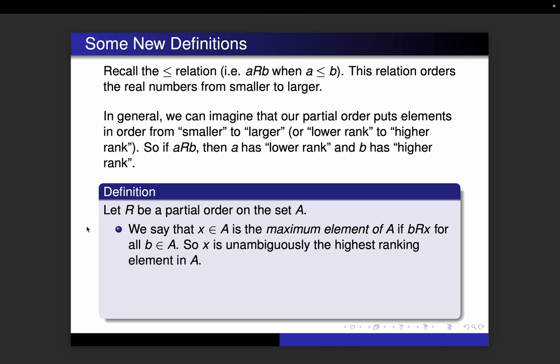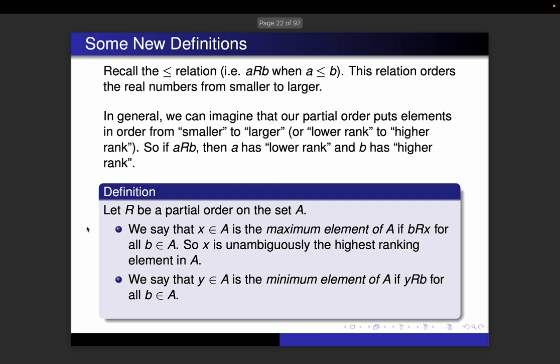Another way of saying the same thing is that X is unambiguously the highest ranking element in A. We say that Y is the minimum element of A if Y is related to B for all B in A, which also tells us that every element in A has a higher rank than Y. Another way of saying that is Y is unambiguously the lowest ranking element in A. So once you're able to say things are bigger or smaller or higher rank or lower rank, then you can start talking about things like minimum and maximum values.